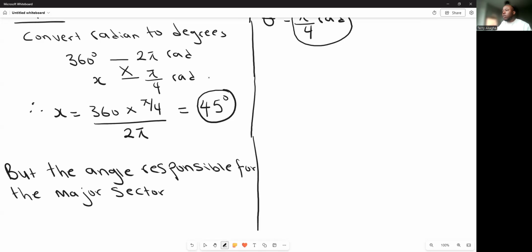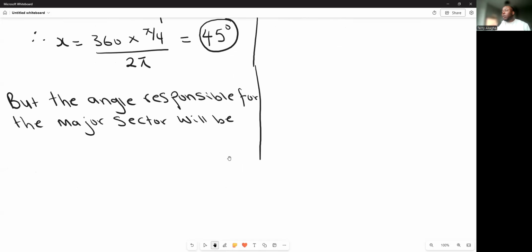So the major sector will be, so because we're looking for the major sector there, what you're going to do is that because we know the sum of angle in a circle, now, because we're working with degrees, the sum of angle in a circle is 360 degrees.